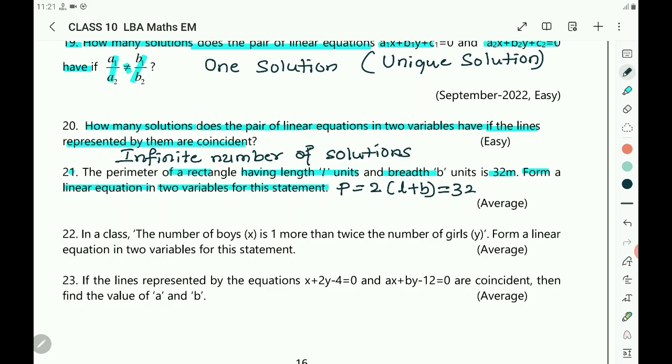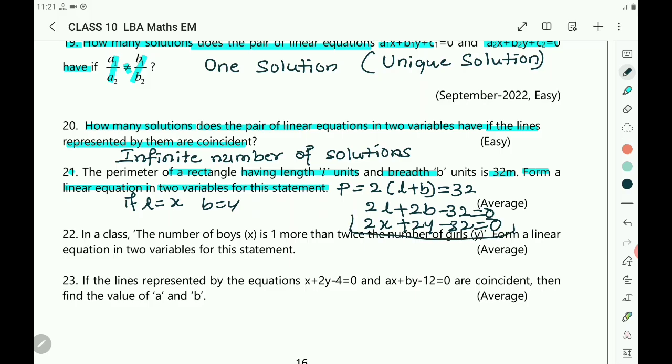32 meter. If you take L equals x and B equals y, then you can write 2 into (x plus y) equals 32, or you can write 2L plus 2B minus 32 equals 0. If L equals x and B equals y, then you can write 2x plus 2y minus 32 equals 0.